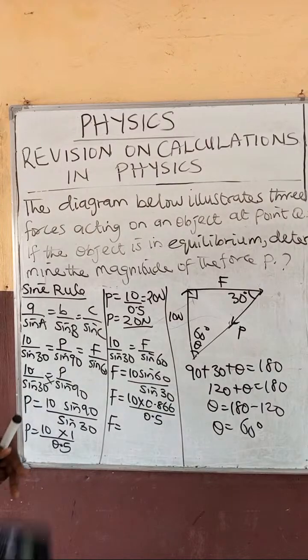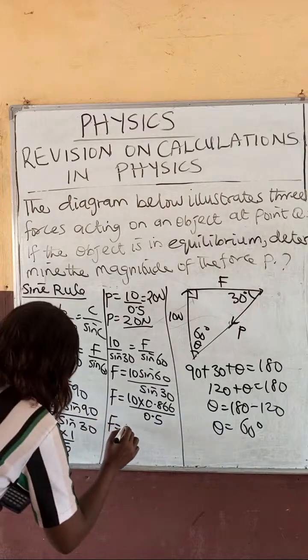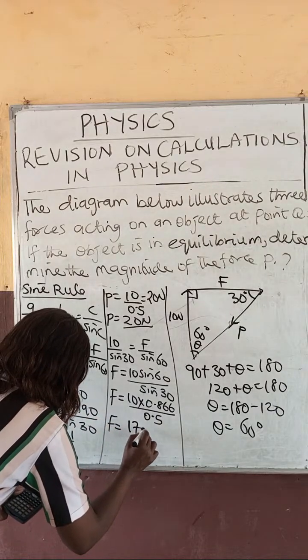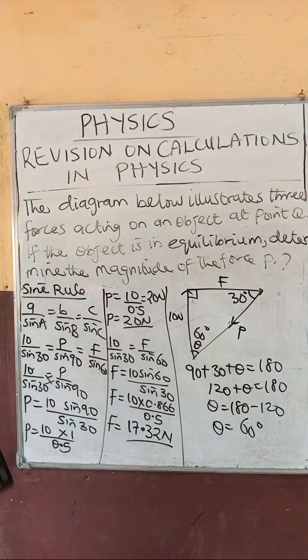So I'm going to use our calculator: 10 times 0.866 is equal to 8.66, divided by 0.5. So my answer is 17.32 Newton. So the answer to this question is 17.32 Newton. Is that okay?